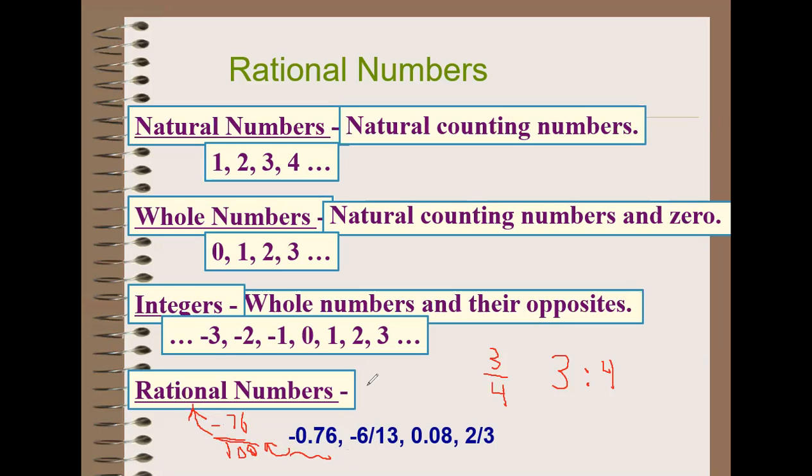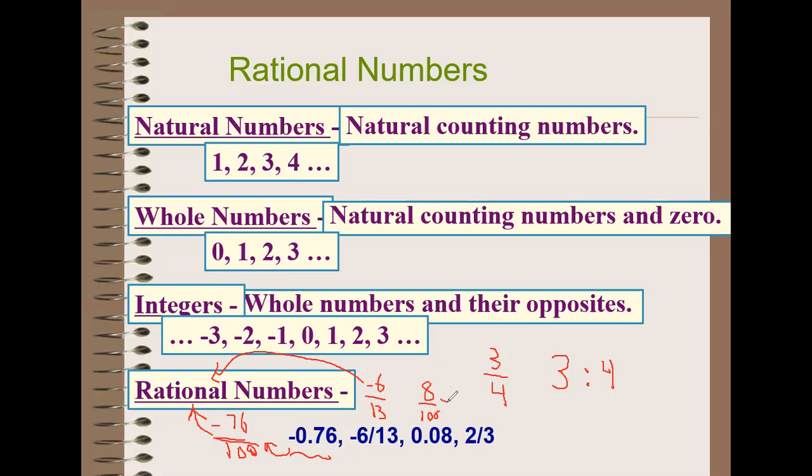Second question, negative 6 over 13. Already it's a fraction, so it directly belongs to the rational numbers. Let's move to the next question, 0.08. How are we going to represent this one in a fractional form? Can we or not? Yes, we can. So it will be 8 over 100.